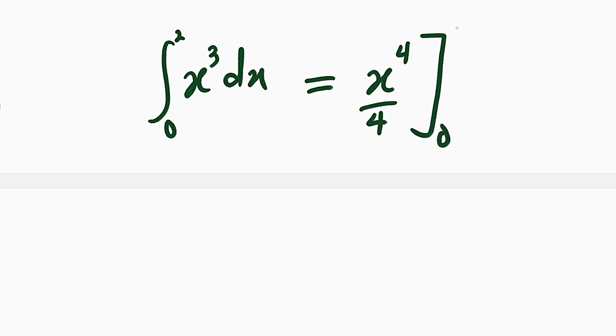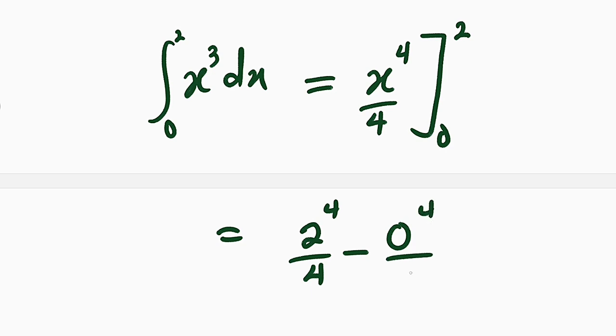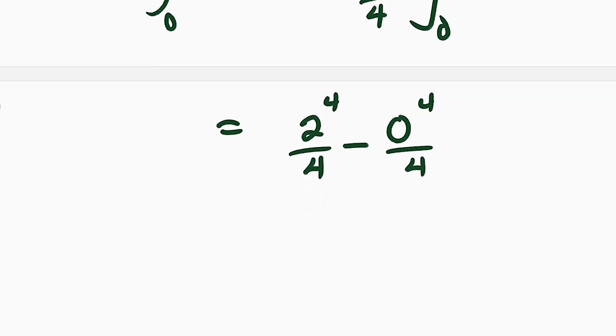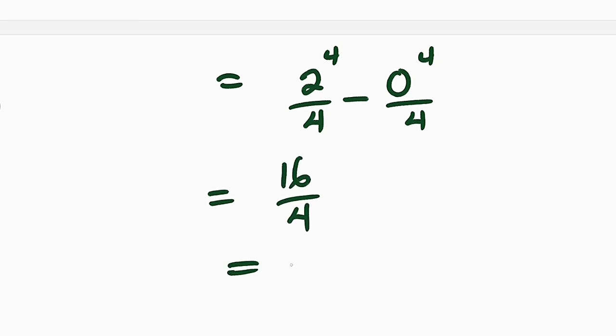The limit from 0 down to 2. Let's substitute the upper limit. It will be 2 to the power of 4 divided by 4, minus 0 to the power of 4 divided by 4. This is already 0, so we need to simplify this. So 2 to the power of 4 is 16 divided by 4. And 16 divided by 4 is 4. So the actual area is 4.